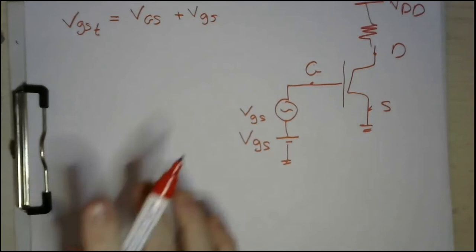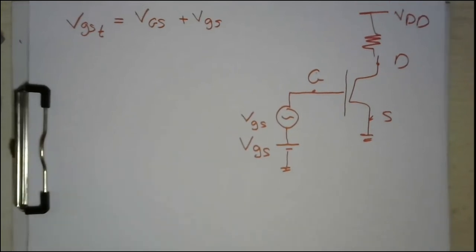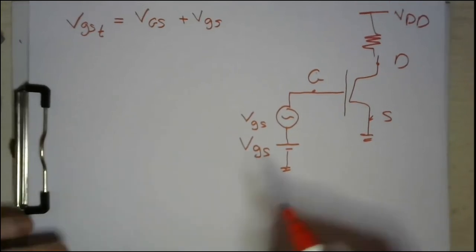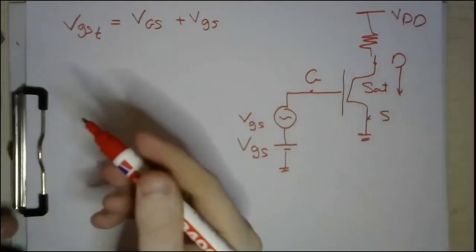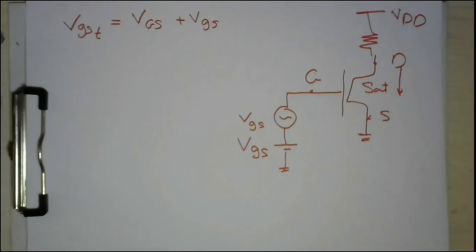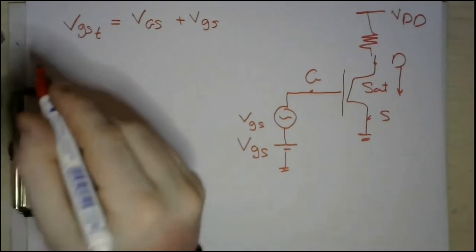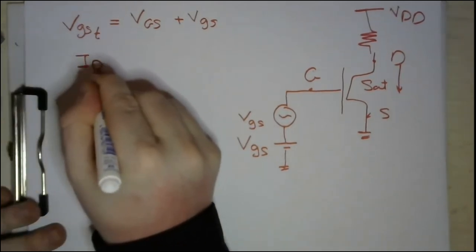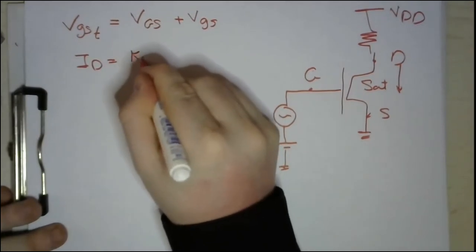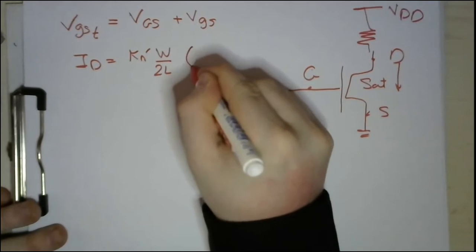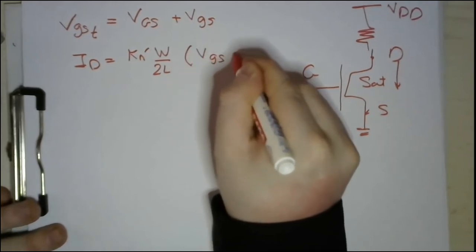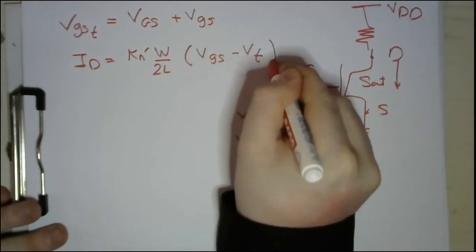Okay. If you assume that your MOSFET is operating in the saturation region, then you can write an equation. We already studied this equation in the first part, which is ID equals Kn dash W over 2L times (VGS minus V threshold) all squared.